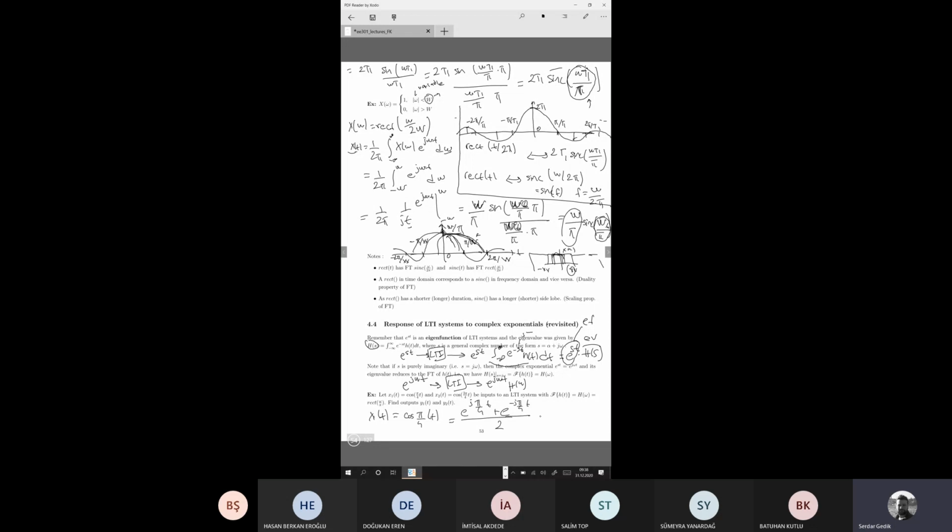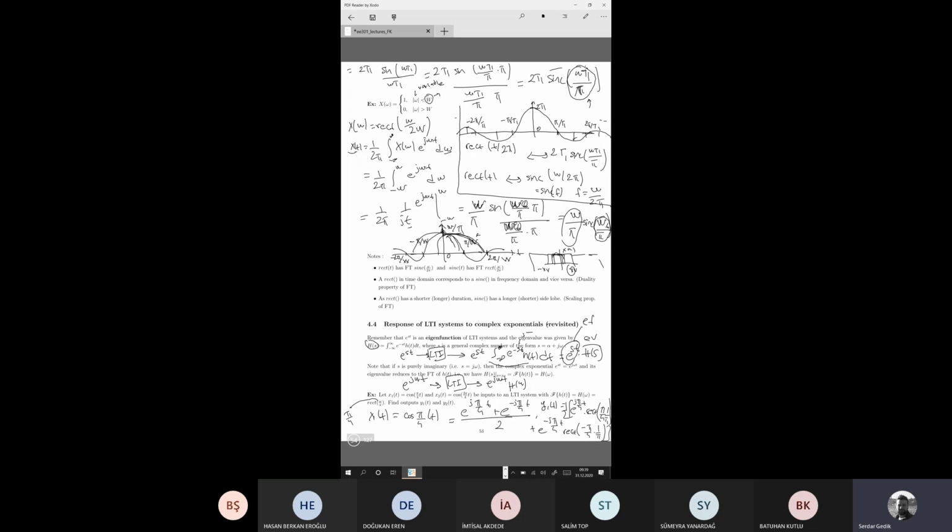And of course, if you use the above observation, y1 of t is nothing but 1 over 2 e to the power j pi over 4 t times rect of pi over 4 times 1 over pi. So I have done nothing but, instead of omega, I have put pi over 4 for the first term, plus e to the power minus j pi over 4 t times rect of minus pi over 4 times 1 over pi.